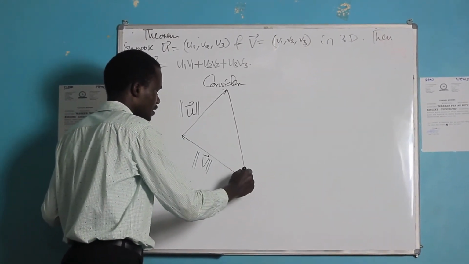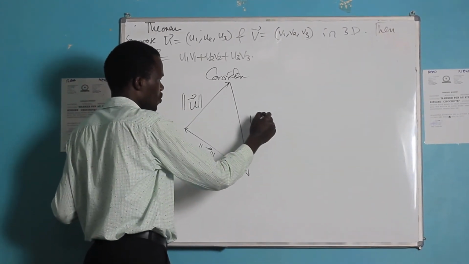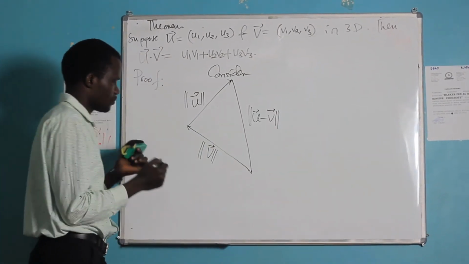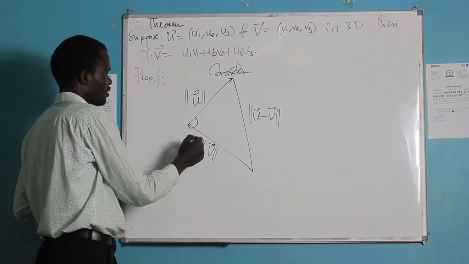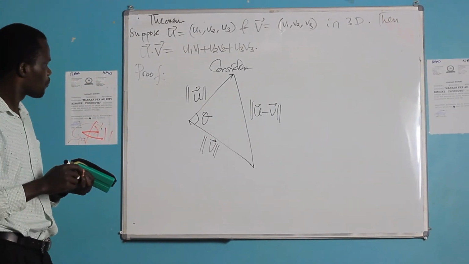Remember, the resultant of these two vectors might be here, u and v. And these two vectors make an angle theta.